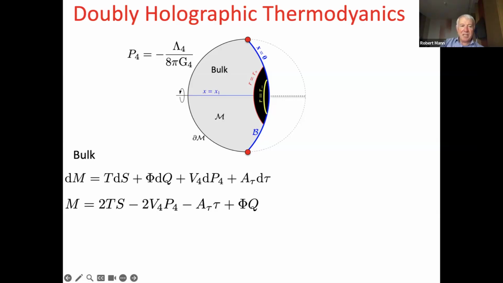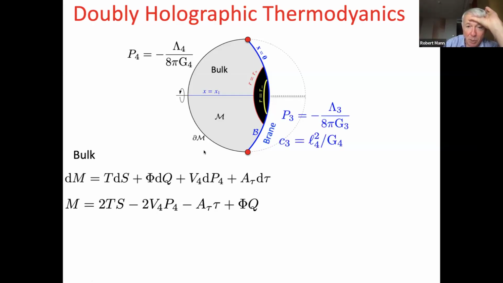Now, these quantities are non-trivial to calculate, and I was going to put them on the slide, but I thought they're very messy. But this was already known from other work in accelerated black hole thermodynamics. But now we have the brane.